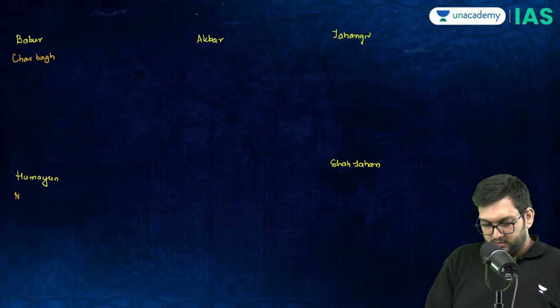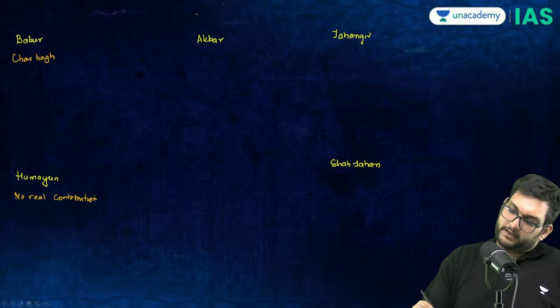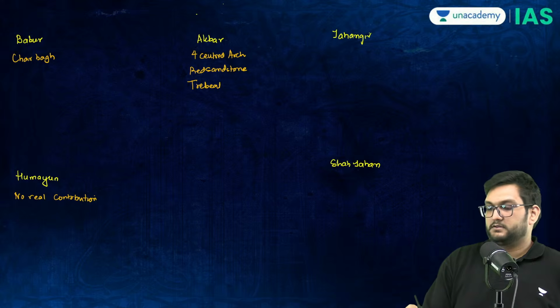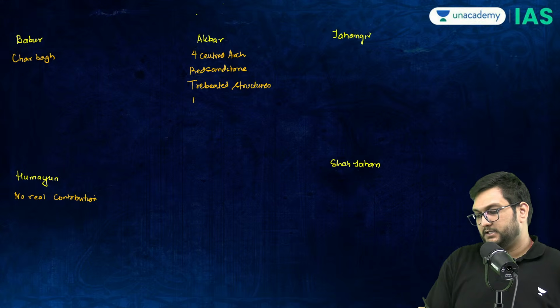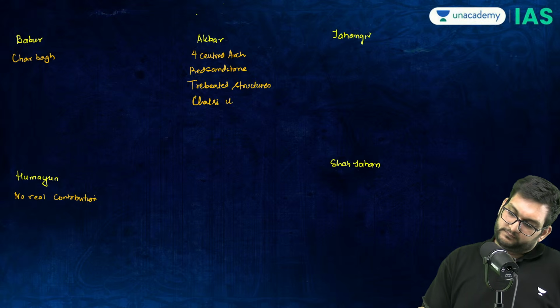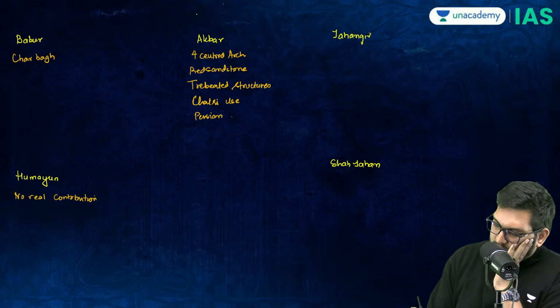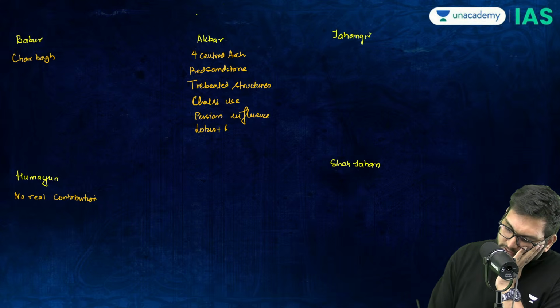Humayun: no real contribution. Akbar: four-centered arch, red sandstone, riveted structure, and Chhatri use, along with Persian influence and lotus plus star motif.